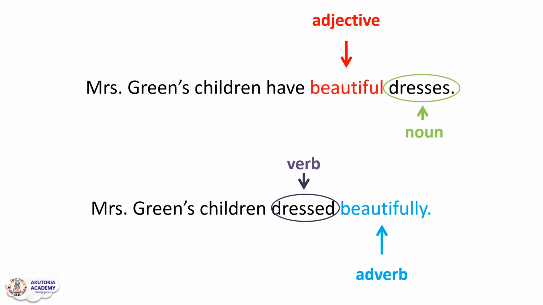And the second sentence is beautifully. We added ly to the word beautiful. So you can change your adjectives to adverbs by adding ly to them, okay? And also note that adjectives describe nouns and adverbs describe verbs.